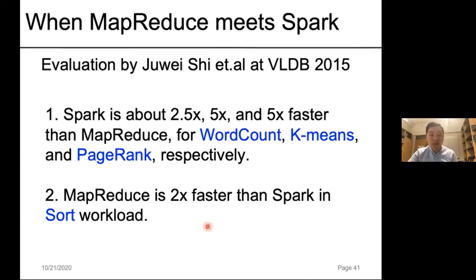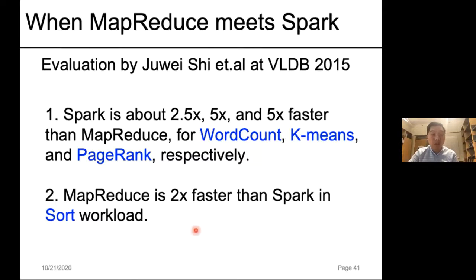And the main causes of these speedups are the efficiency of the hash-based aggregation component for combine, as well as the reduced CPU and disk overheads due to the RDD caching in Spark. So in other words, Spark can use in-memory computing to speed up these workloads.